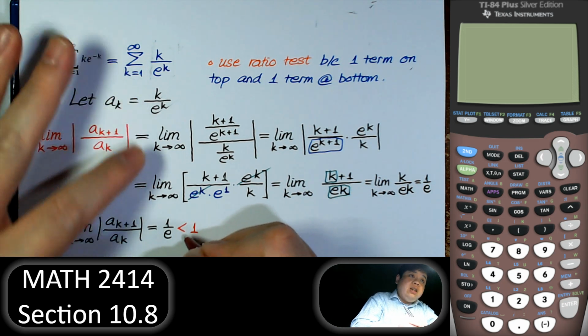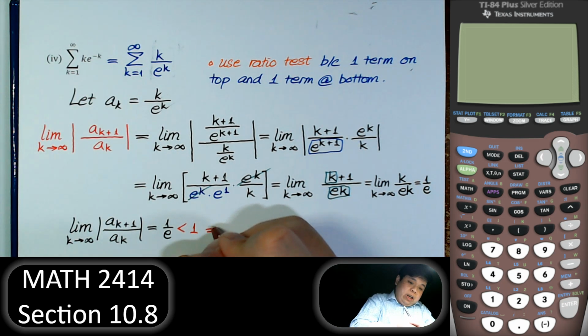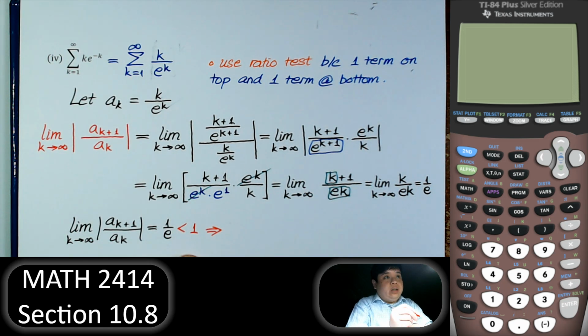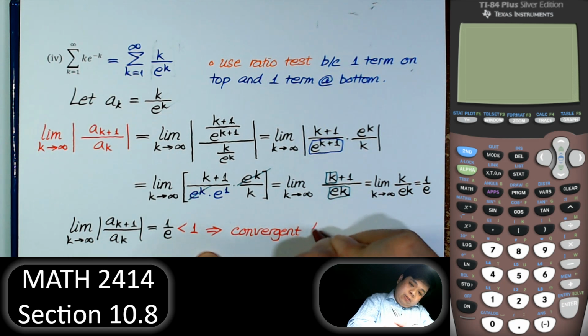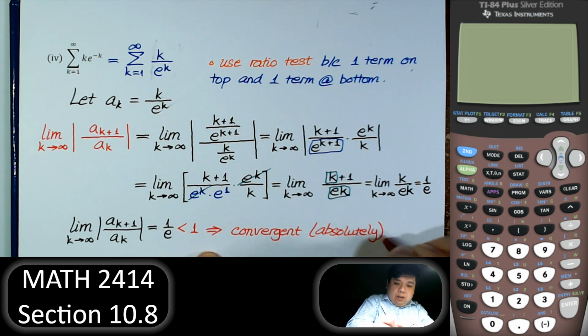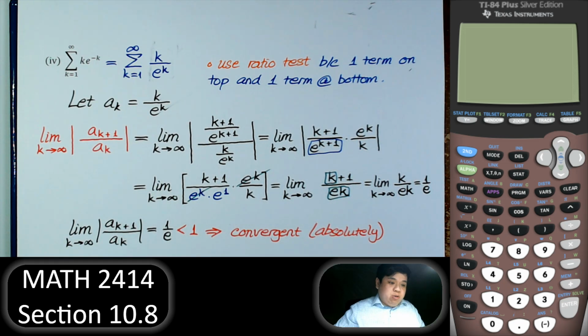By ratio test, if less than 1, it will be convergent, absolutely. So absolutely convergent, meaning it will converge without the absolute values. So that series is convergent.